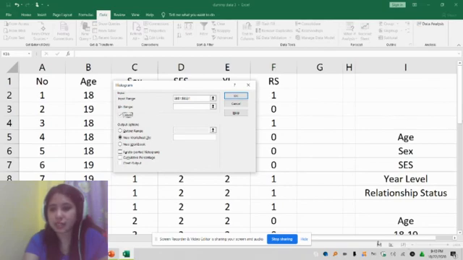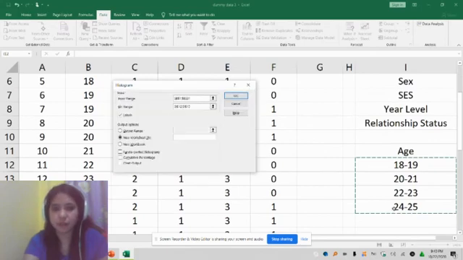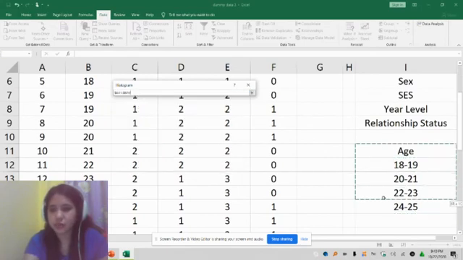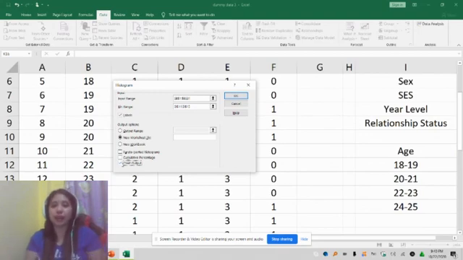And then next, the bin range. We have to place it here and click the bin range. So this one. Let us also get the label and click chart output. So the process is that we select our data set for our input range. And for the bin range, this is the preliminary part.